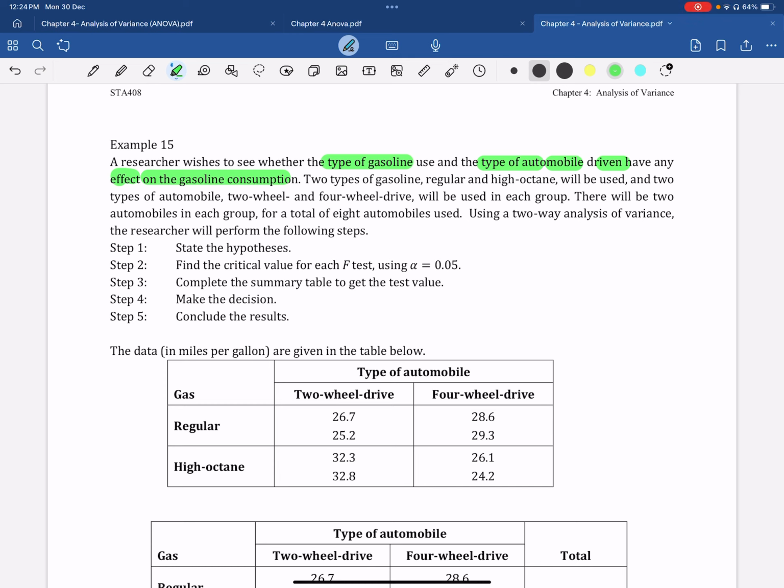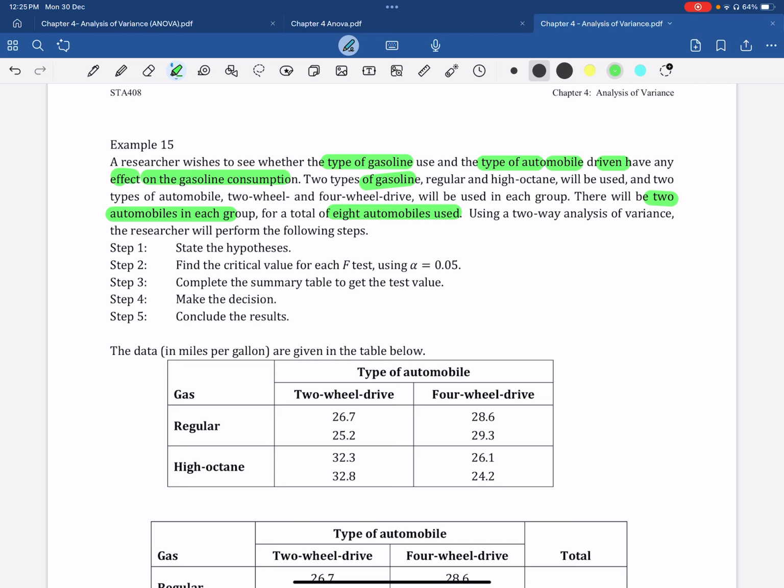Two types of gasoline, regular and high octane, will be used, and two types of automobile, two-wheel and four-wheel drive, will be used in each group. There will be two automobiles in each group for a total of eight automobiles used. Using a two-way analysis of variance, the researcher will perform the following steps.